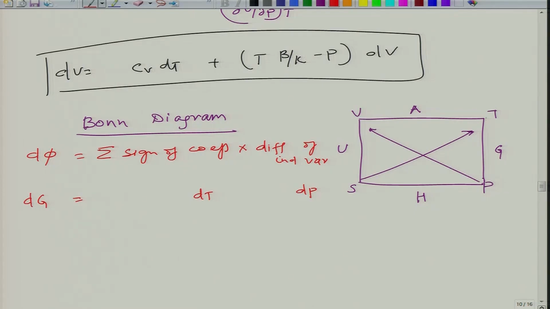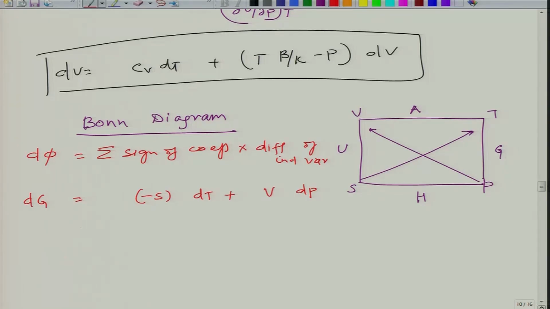Essentially, for T the conjugate variable goes to S, so here I am going to write minus S, plus, from P it is going from P to V, but since it originates from P in this direction, this is positive. In this case we had written negative because it is coming towards T, and hence it is written minus S. Okay, that is what the sign stands for. And here for P it is V.